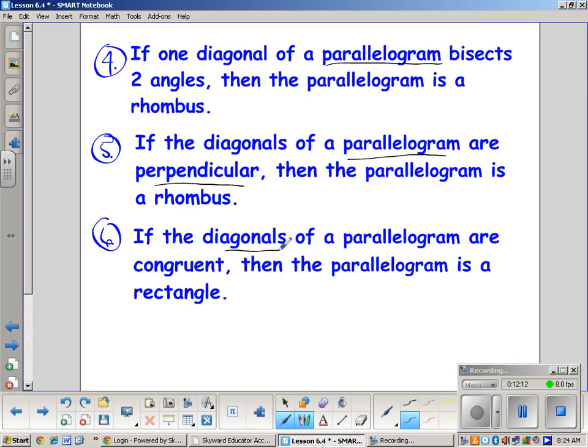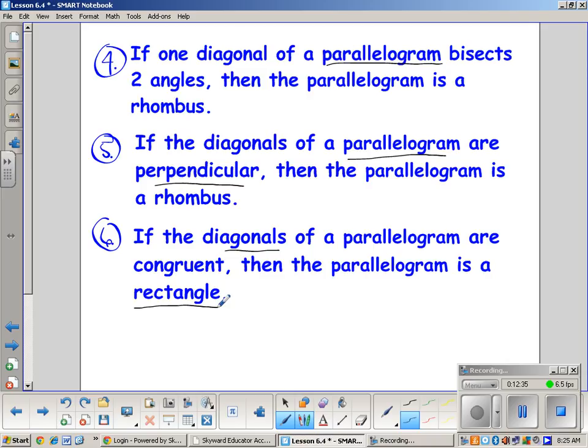And if the diagonals of this parallelogram are congruent, then it's got to be a rectangle. So if we know that it's a parallelogram and the diagonals are congruent, then it's got to be a rectangle. Okay? And again, the definition of parallelogram is two sets of parallel sides.